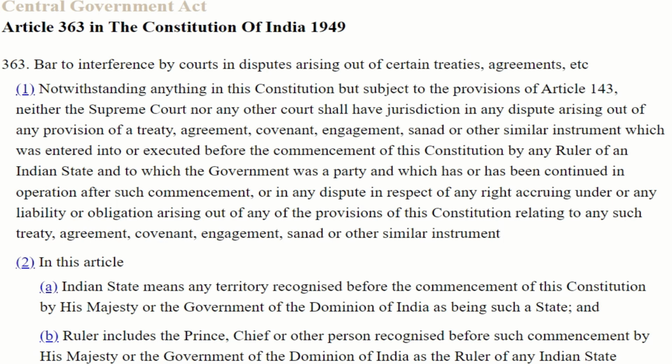If a person has been recognized as a ruler by His Majesty, or a state has been recognized by His Majesty, in all these situations, these states or these rulers are considered to be the former state or former ruler of an Indian state.